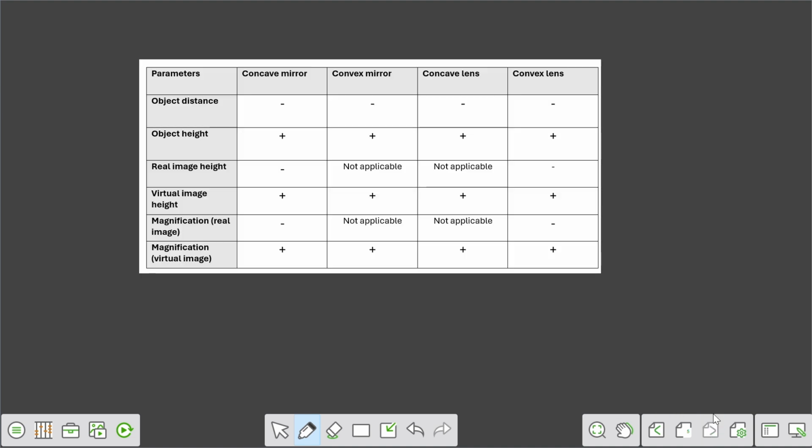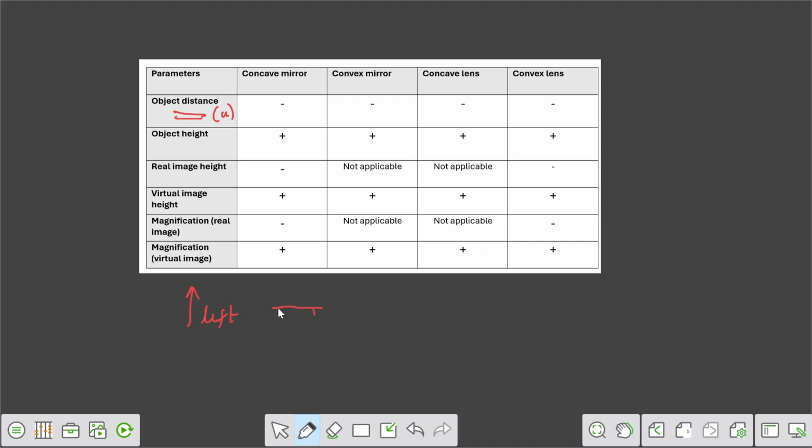Let's see. Just have a look at it. Object distance is denoted by U. All of them negative, because we know that object is always placed at the left side of mirrors as well as lens.